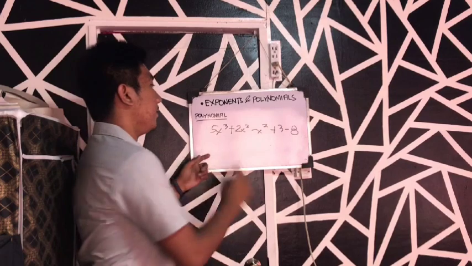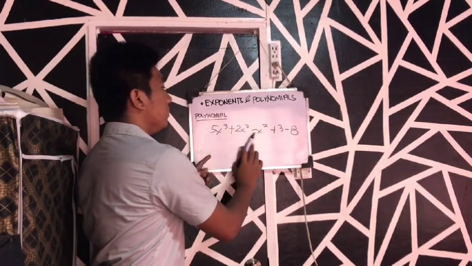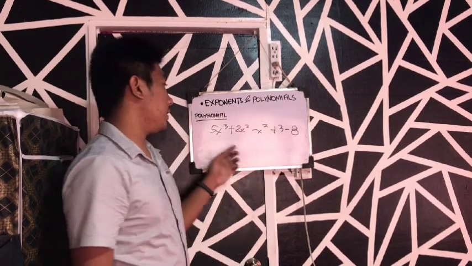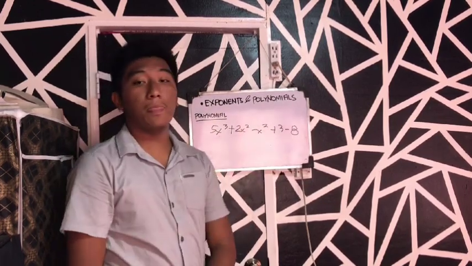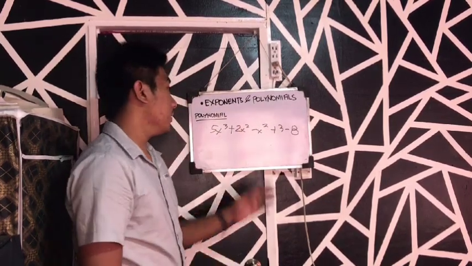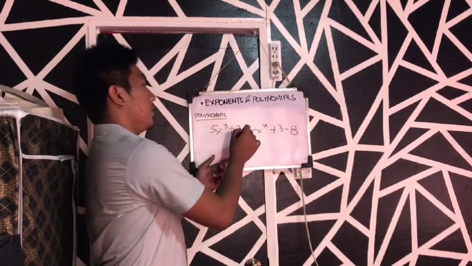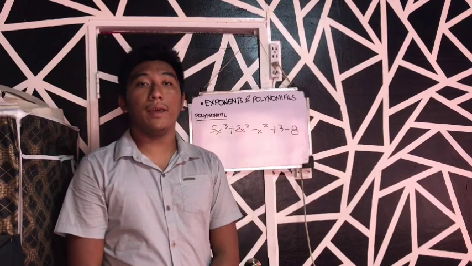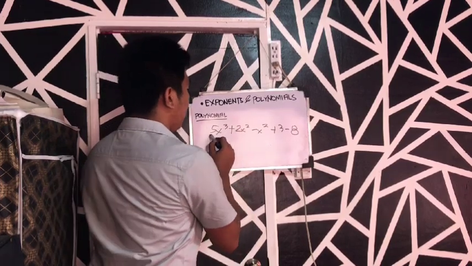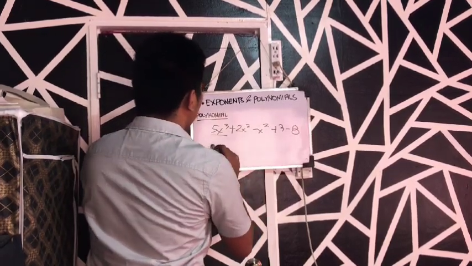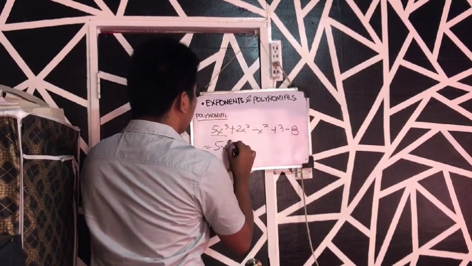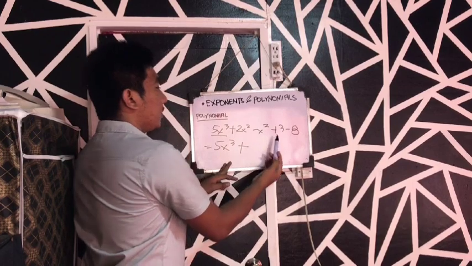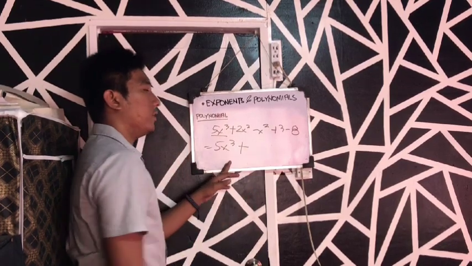As you can see, there are 1, 2, 3, 4, 5 terms, but some terms are similar, having similar variables and exponents, so we must combine them. Next is 5x cubed. There is no similar term, so 5x cubed, plus next is the x squared. As you can see, they have the same term.